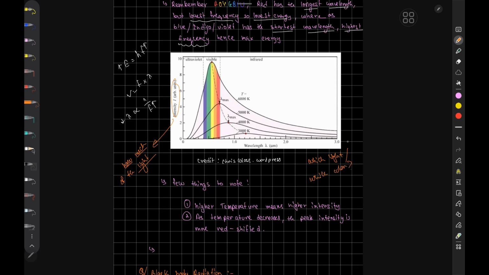Do you agree with me? So the y-axis measures the intensity, or how much of the light we are able to collect, right? And on the x-axis we have which wavelength we are collecting, or which color we are collecting.